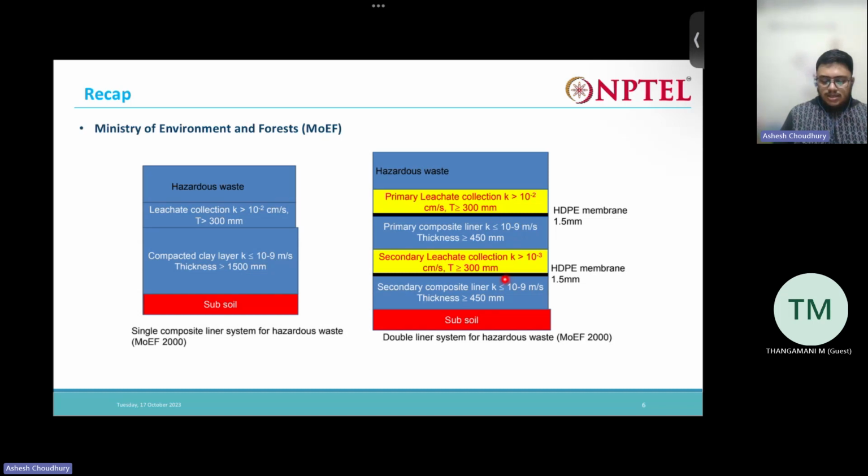So you can see the secondary composite liner, then we have the leachate collection system, then the primary composite liner. In between, we have these HDPE geomembranes. Again, we have a collection system, and then above that we have the hazardous waste layer. Okay, so quite a thick protection system is there.